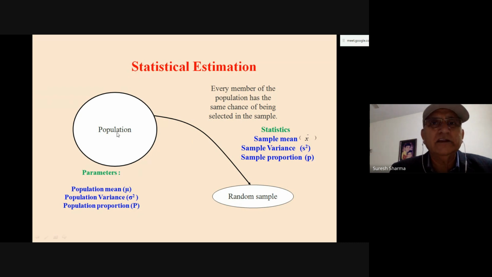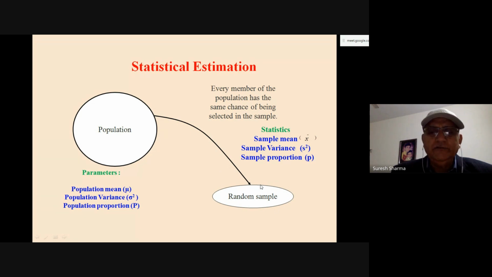If I cannot study the entire population, I cannot throw any light on the population mean, population variance, population proportion, because I have not gone through all the subjects in the population. That's why we always take a sample. Let's say there is a population of 50,000 people, and I take a sample of only 500.